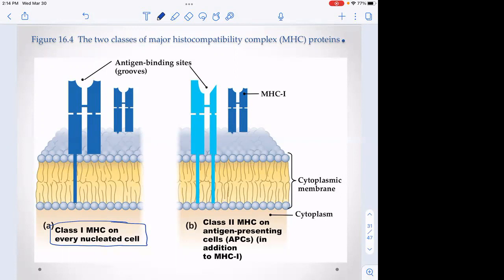But little bits of proteins inside the cell are being sampled and presented on the outside of the cell. Okay, normally that's ignored by our immune system. But if that cell is infected by a virus, then it's going to pick up bits of that virus and advertise that on the surface. Okay, so let's say it advertises what's going on inside of the cell.